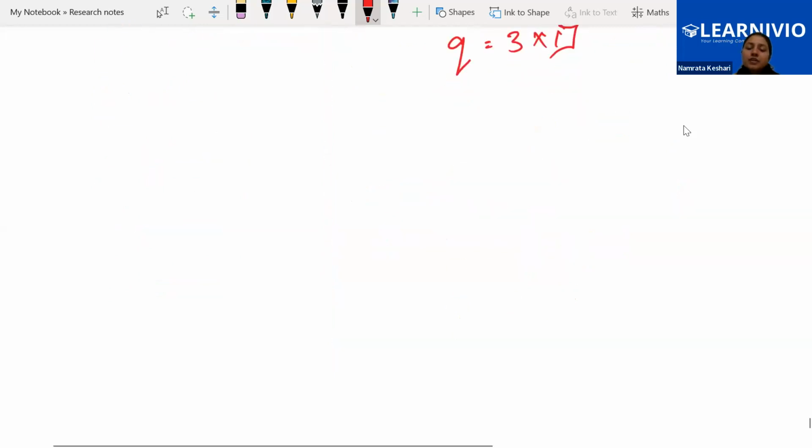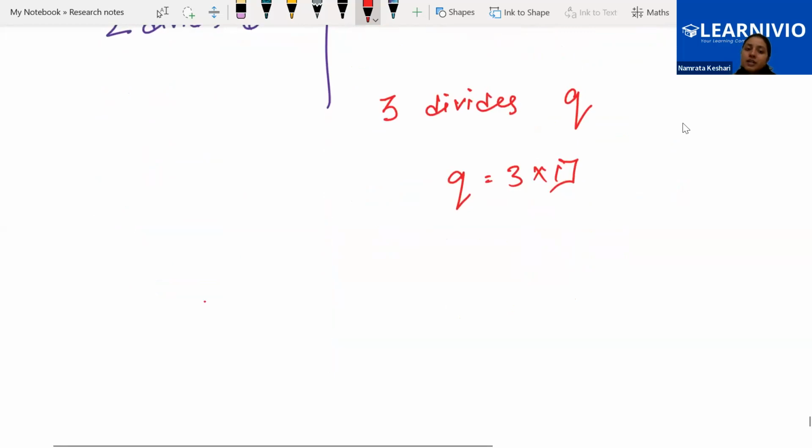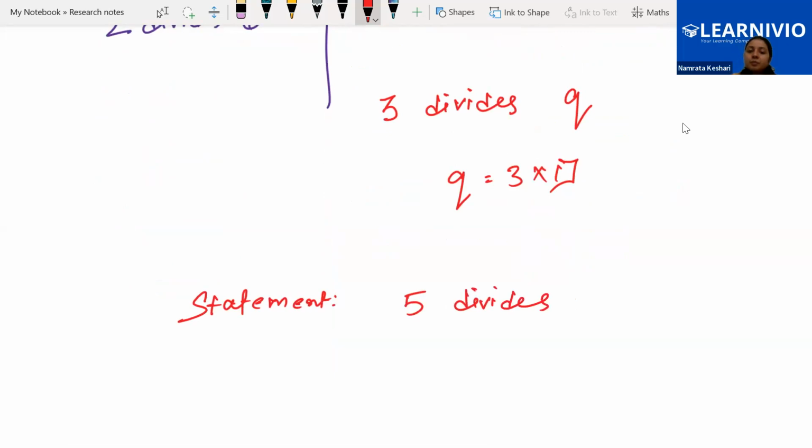Similarly, if the statement is, let's say, I'm taking numbers only, 5 divides p square. What can be written over here?